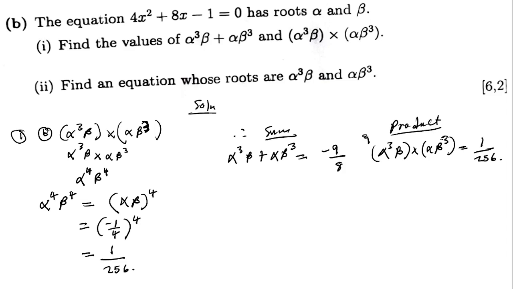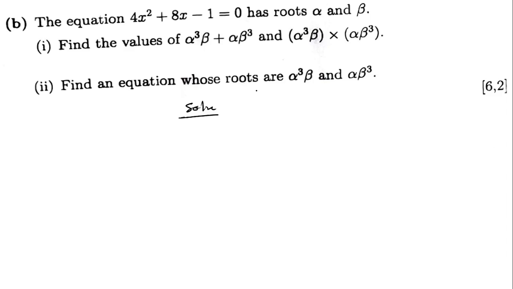So from the equation, we can simply work on it as a solution. I hope people are following. The normal equation we had was 4x squared plus 8x minus 1 is equal to 0.